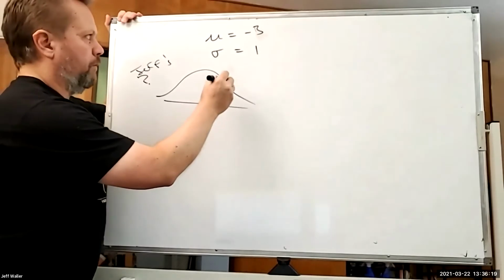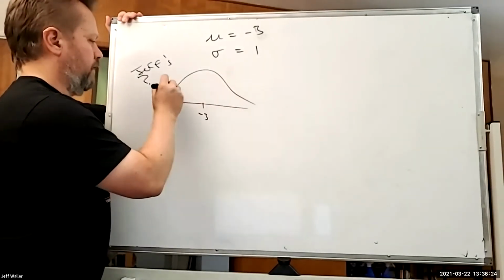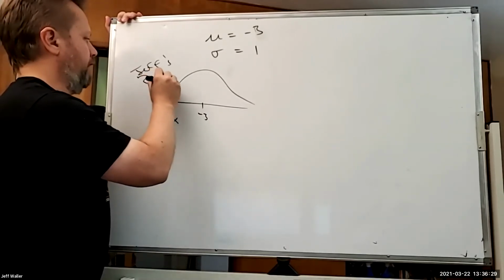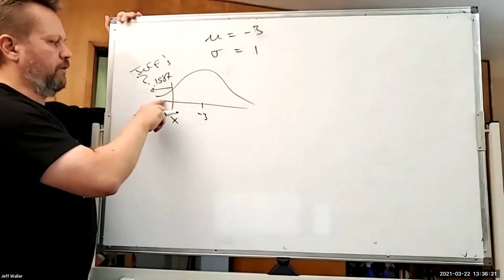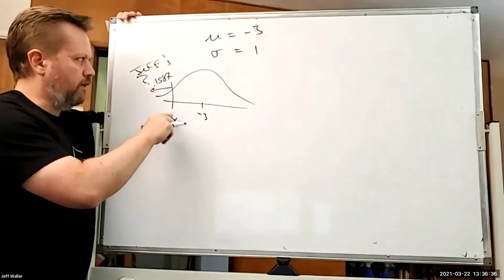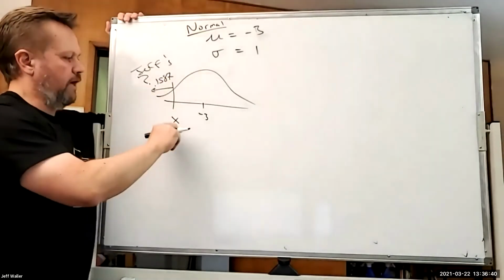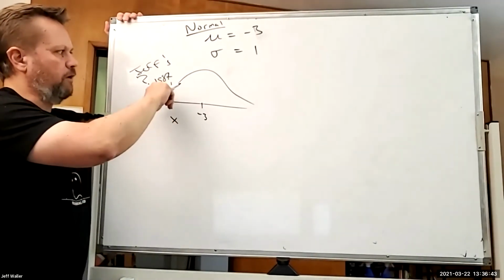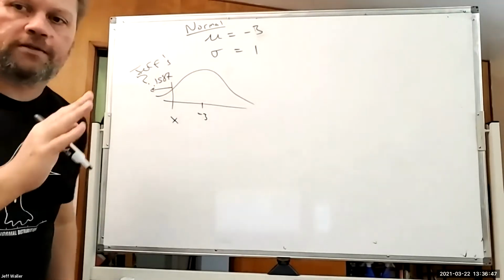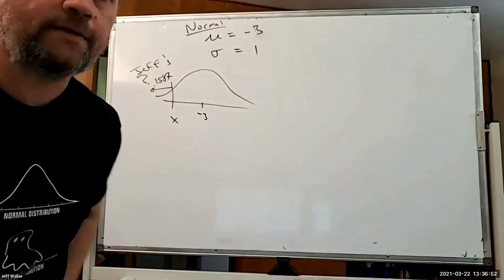If I wanted to know, what's the X score that has 0.1587 below it? I want to know the X score. So this is a normal distribution. I want to know the X that has 0.1587 below it. This is good because there are quite a few problems that say exactly this or something related to this.